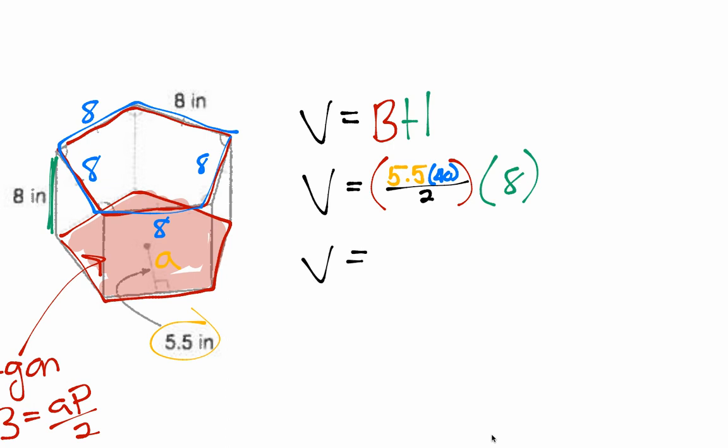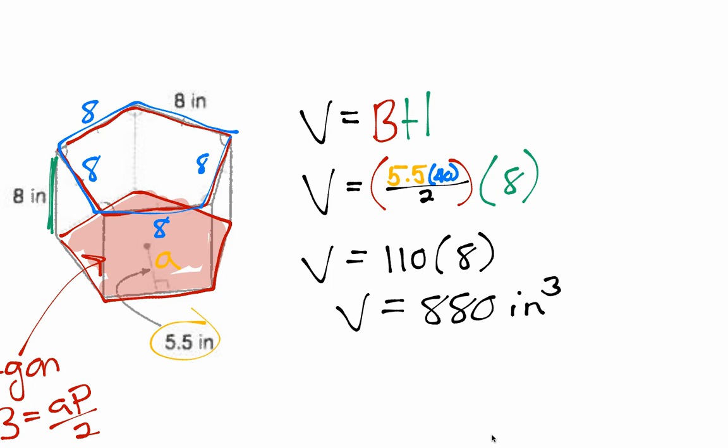So volume equals 110 times 8. So volume equals 880 cubic inches.